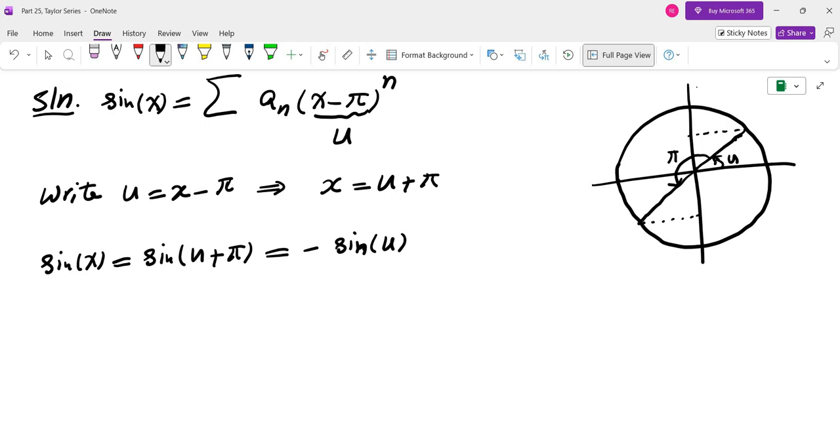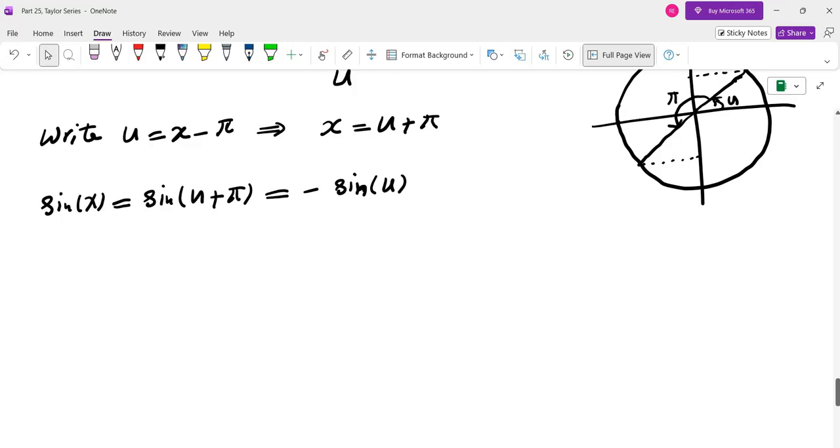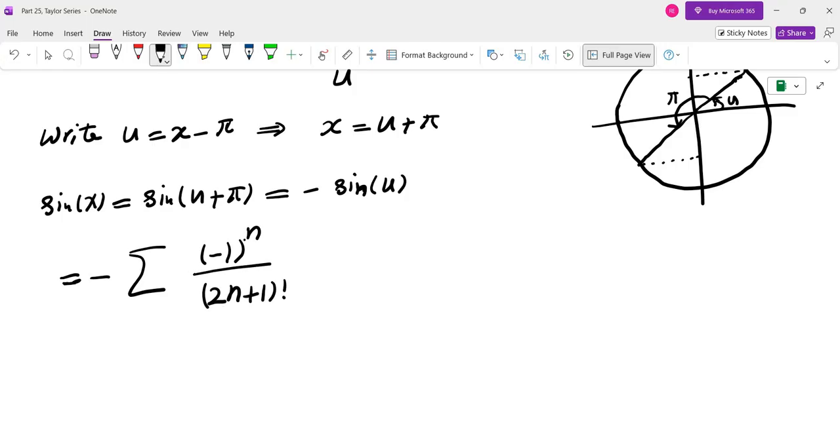So these are negative of each other, which means we can just write down the power series for sine of u. We already found that it's the sum of negative 1 to the n over 2n plus 1 factorial, u to the power of 2n plus 1, n equals 0 to infinity. And all we have to do is substitute u by x minus pi, which is what we chose.